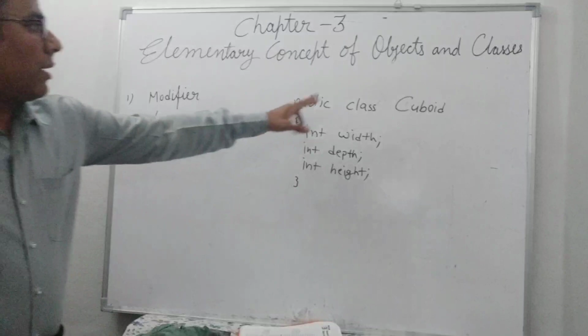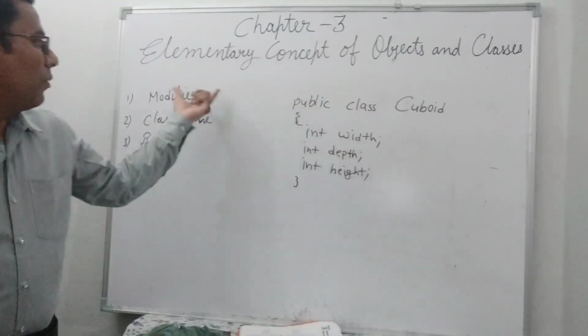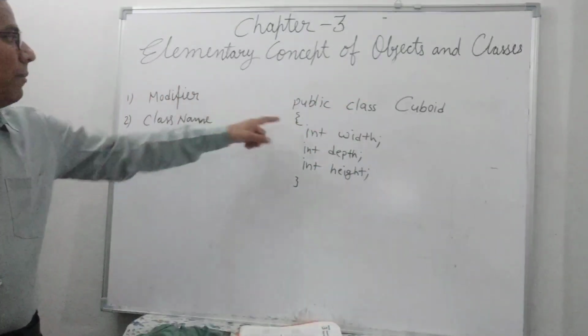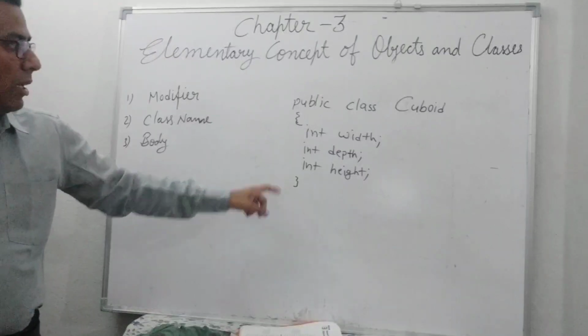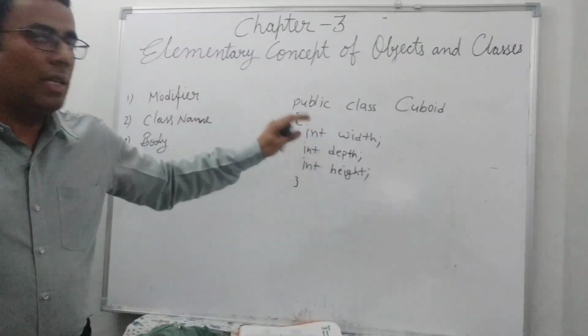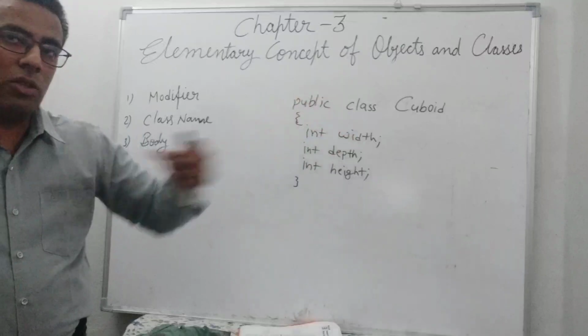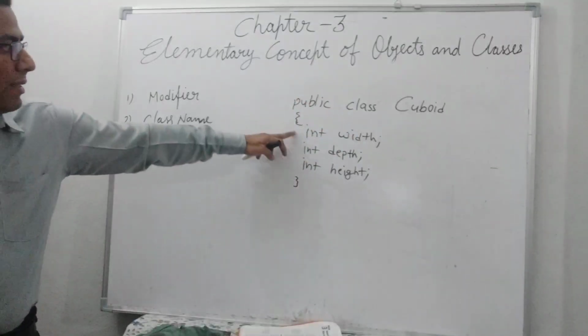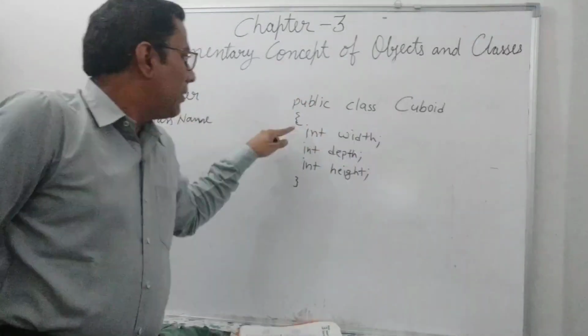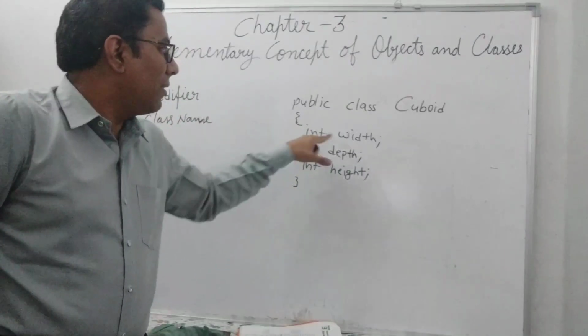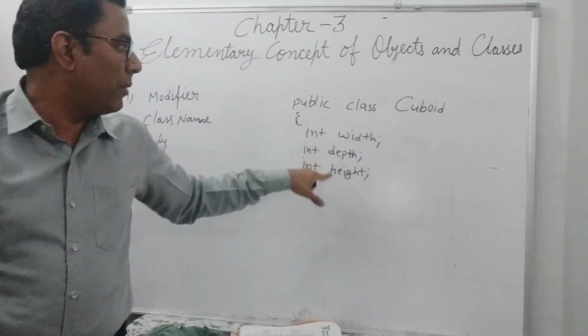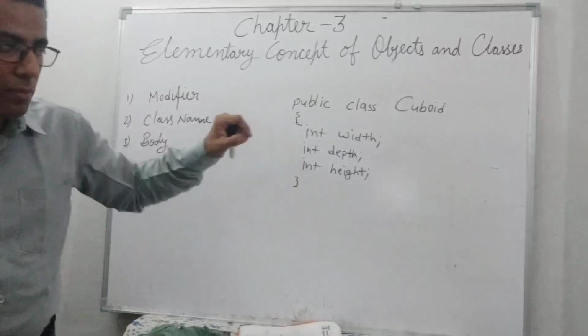Public is a modifier, Cuboid is the class name, and this is the body of the class. Here the class called Cuboid defines 3 instances: first width, second depth, and third height.